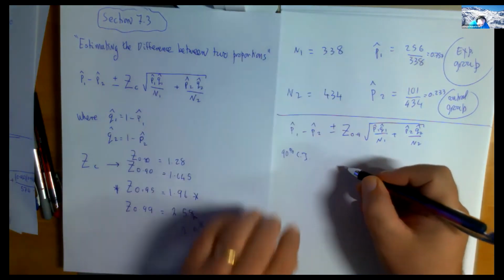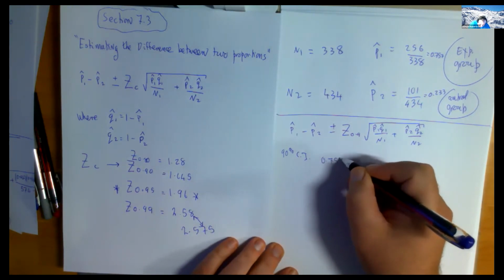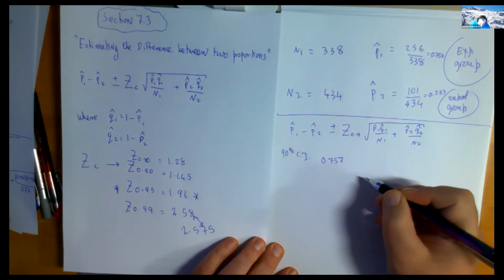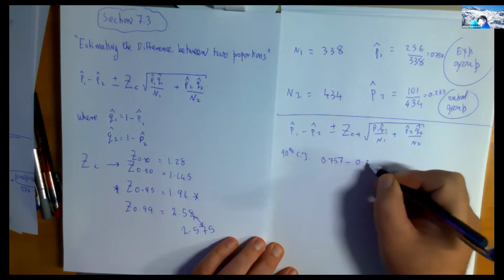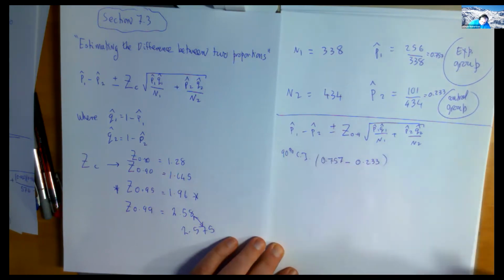P1 hat is 0.757, take away 0.233, I put a little bracket around that.